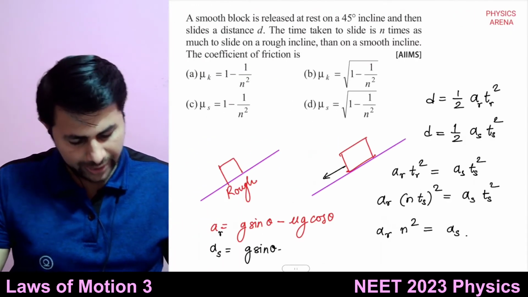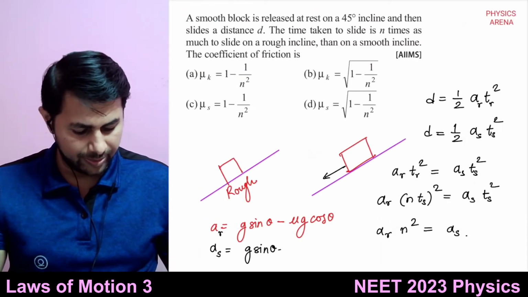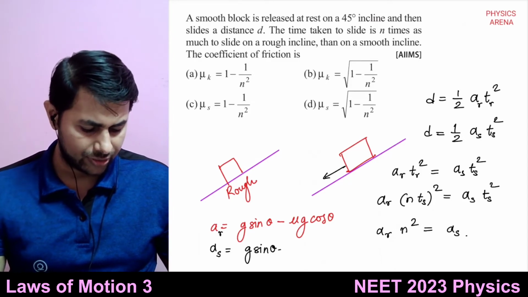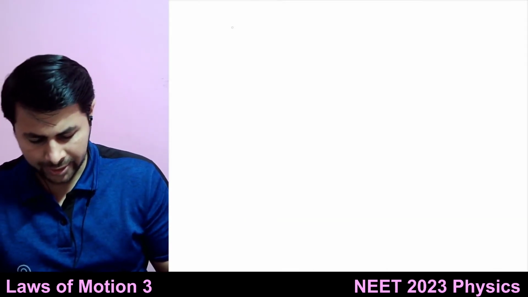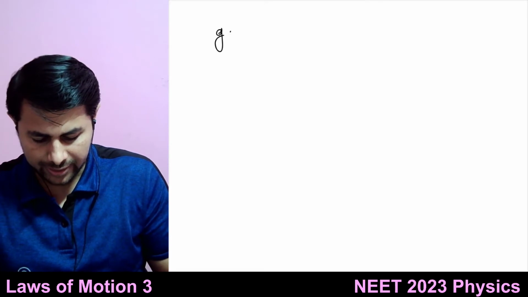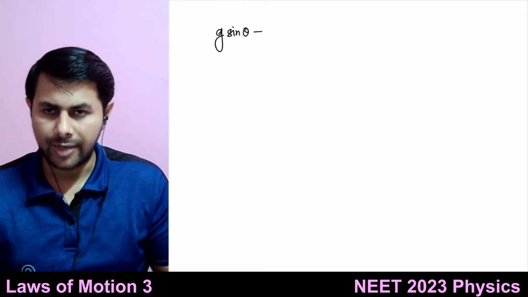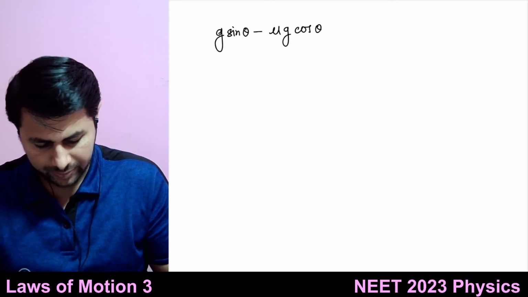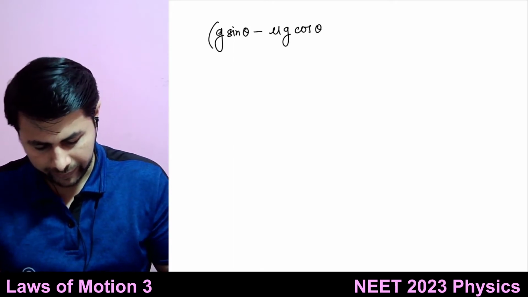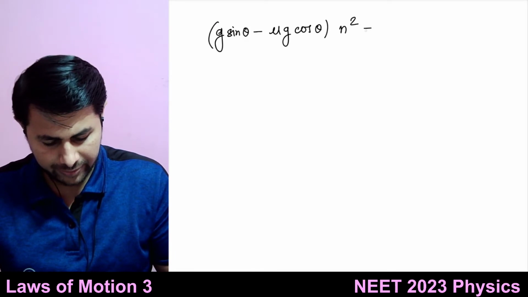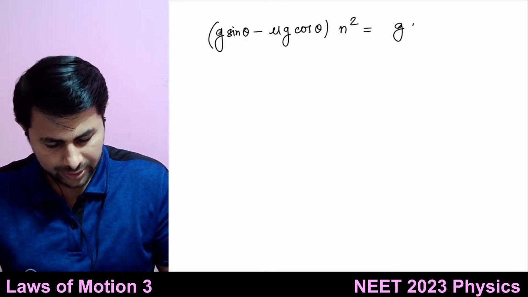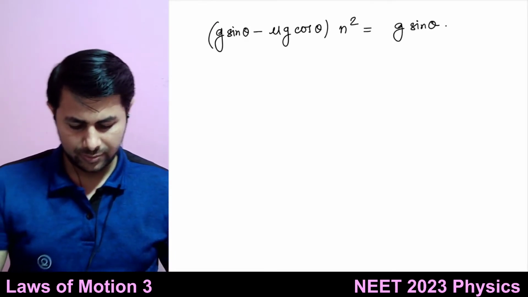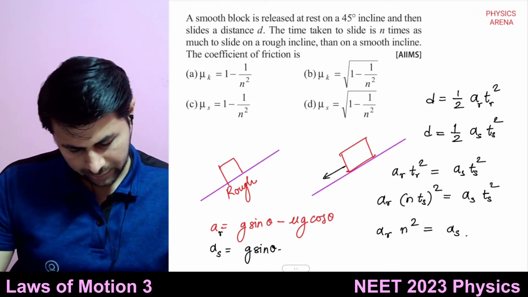Alright, so I got acceleration on rough surface multiplied by n square is equal to acceleration on smooth surface. So acceleration on rough surface is g sin theta minus mu multiplied by g cos theta, multiplied by n square, is equal to g sin theta.